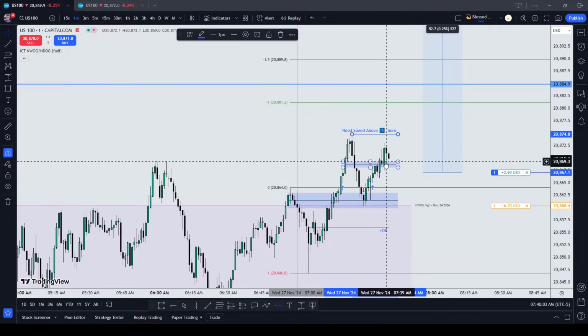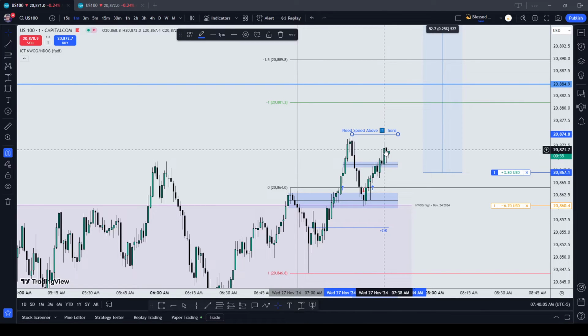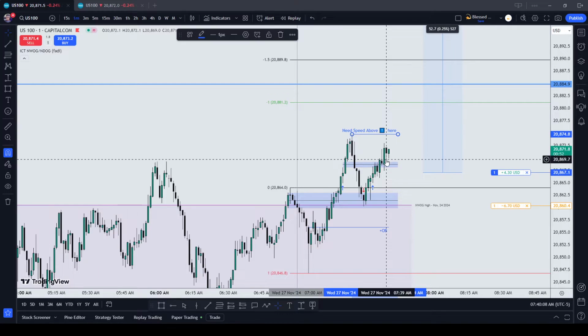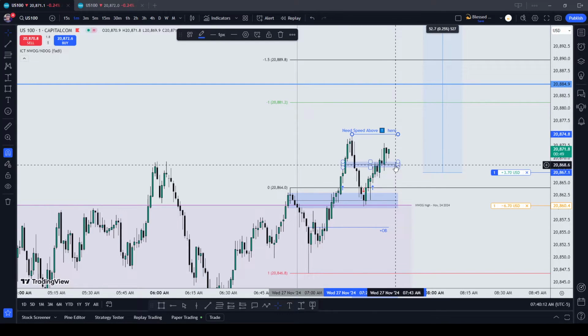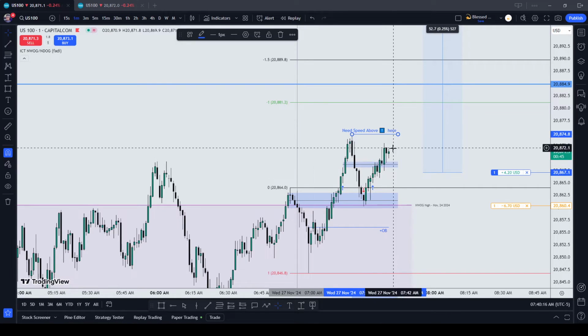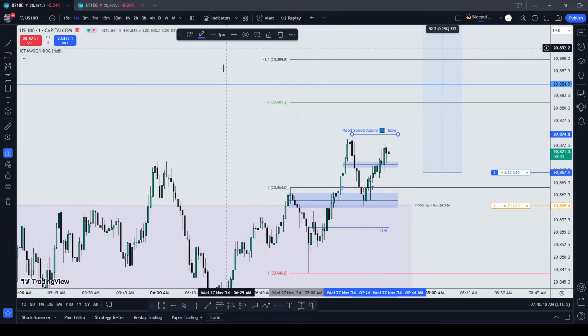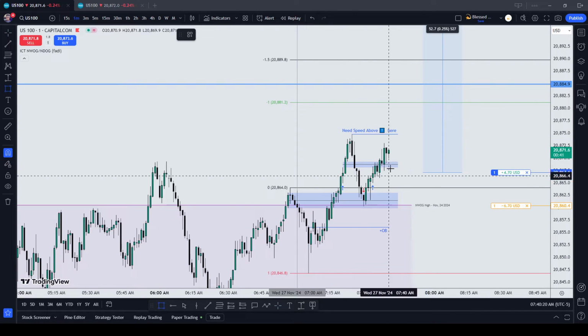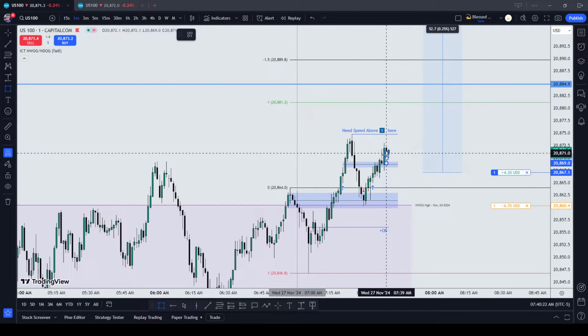So I'm watching this candle here. Does it act as support? Does this entire thing act as support here and send price higher? This is what I'm watching right here.